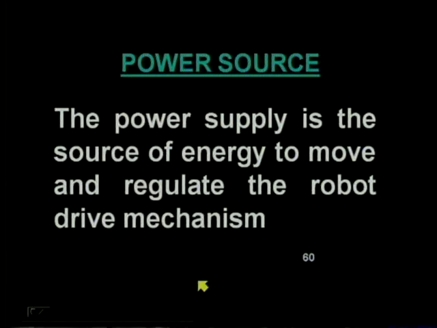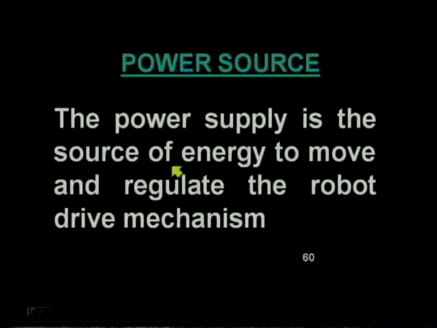Now, let us know another important element of the industrial robot, that is the power source. Power source is the important energy requirement, so that unless a power source is there, the robot cannot function. Now, let us see the power source definition.